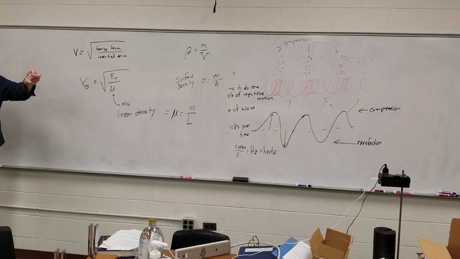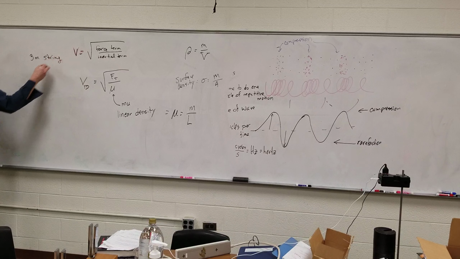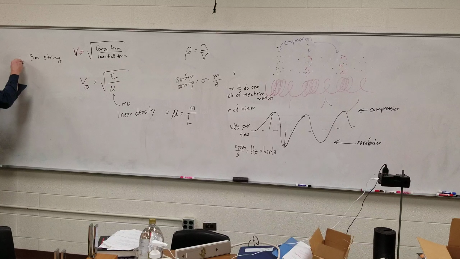So if I took a piece of string, in the lab you take a long piece of string, because string doesn't really have much mass. Making up numbers, say I have 3 meters of string with a mass of 4 grams.